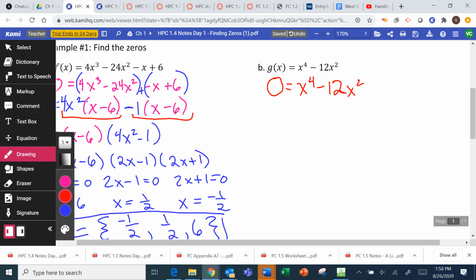Yeah, factor out that x squared. Okay. And then how about Vivian? Do you know what to do next? Well, does x squared minus 12 factor further?